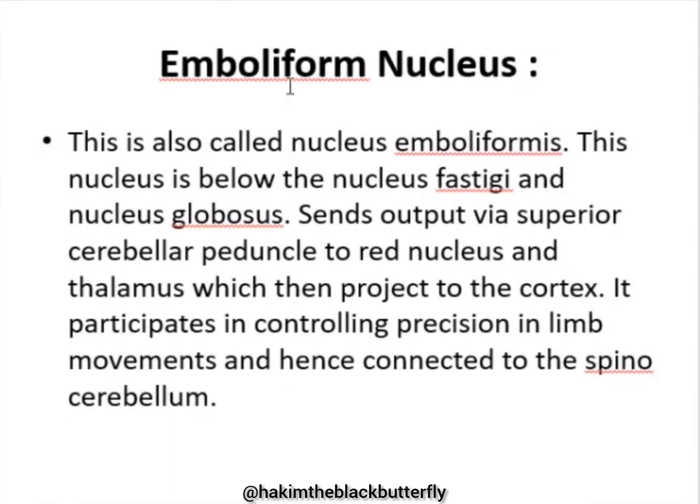So information coming from the emboliform nucleus is going to the cortex, but it passes through the specific motor nuclei of the thalamus, and it is very important in controlling precision in the limbs. And that is why it is also connected to the Spinocerebellum, which connects to the muscles of the body.